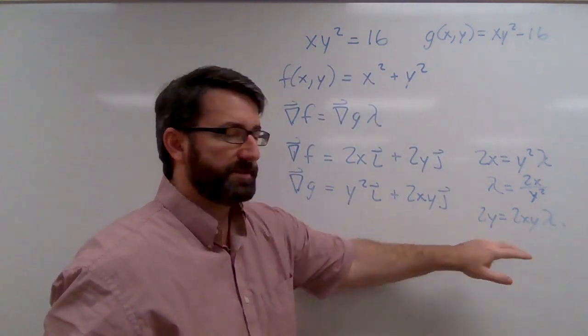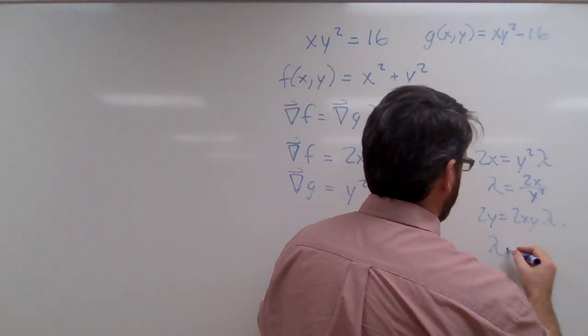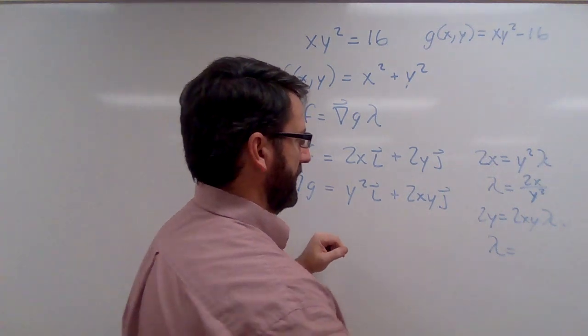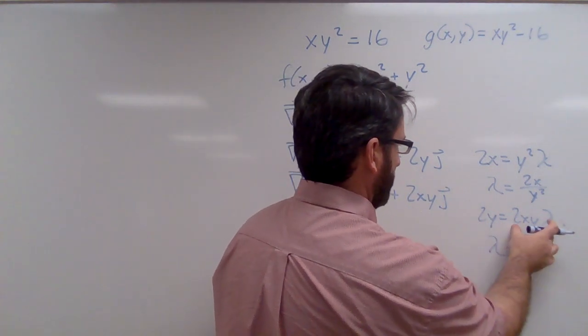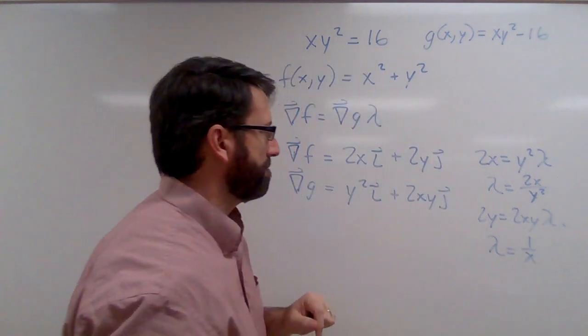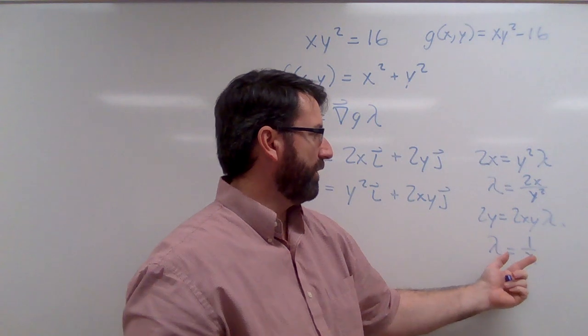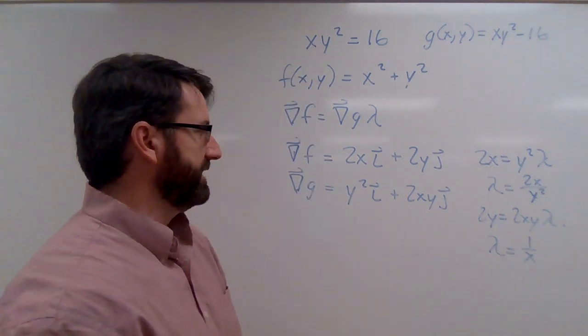If we divide both sides by 2xy, we're going to get that lambda is equal to, if we divide 2y by 2xy, 1 over x. So now we've got lambda is equal to 2x over y squared, and lambda is equal to 1 over x.